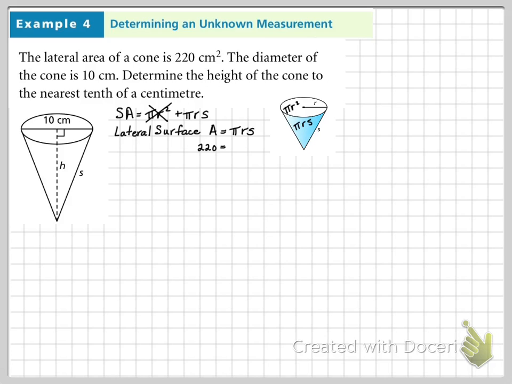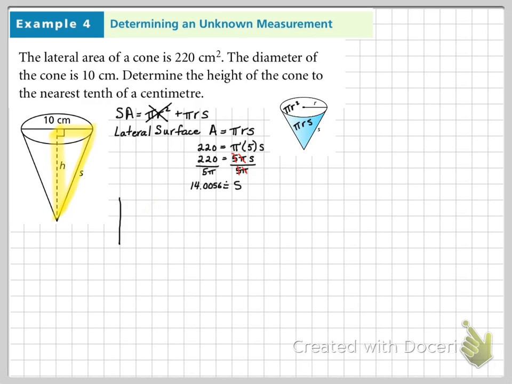So 220 is going to be pi rs, which is pi times the radius of 5, because remember the radius is half the diameter. So if I divide both sides by 5 times pi, you can cancel the 5 and the pi on the right side, and 220 divided by 5 pi is 14.0056. Now that's going to give me my slant height.